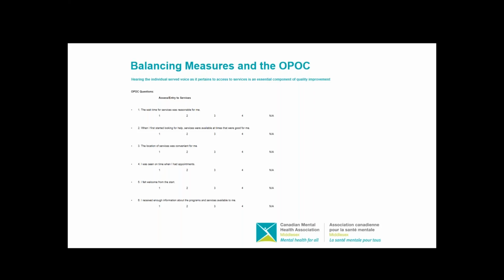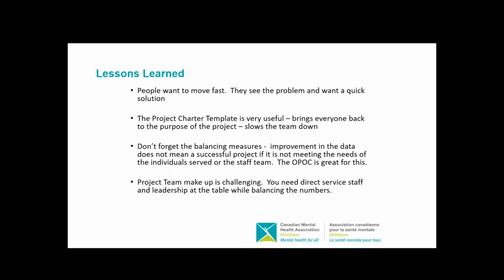So it would be prudent for us to ensure that we're collecting this data using the OPOC. And the last 2 questions, feeling welcome and receiving enough information about programs and services, basically that's our philosophy. So we're going to ask those questions as well as part of this quality improvement project. And we have access to the report suite now too, so we'll be able to compare our results with the province.